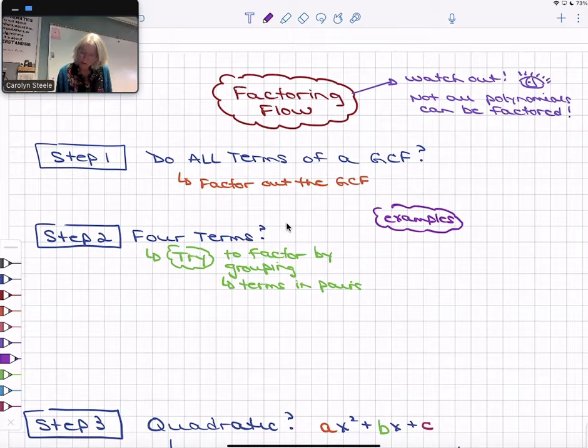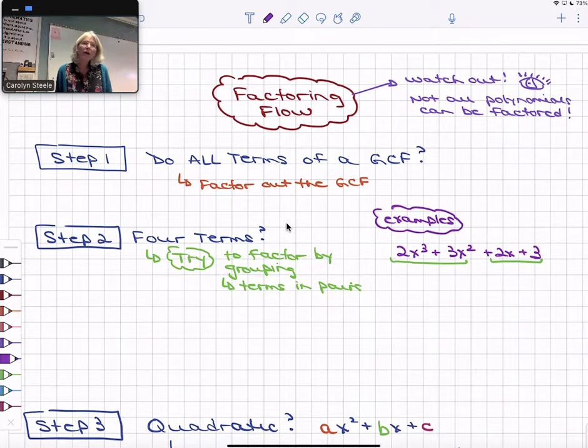If I'm looking at the polynomial 2x^3 + 3x^2 + 2x + 3, I'll group them into pairs. The first pair has a GCF of x squared. I'll factor that out, and I'm left with 2x + 3. I can always check myself by redistributing to see if I get back to where I started from.